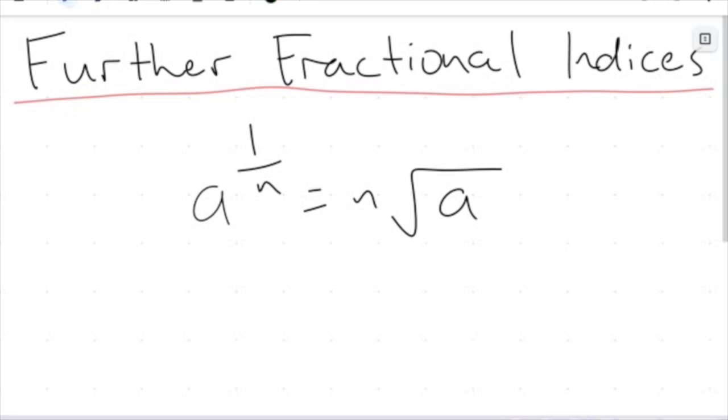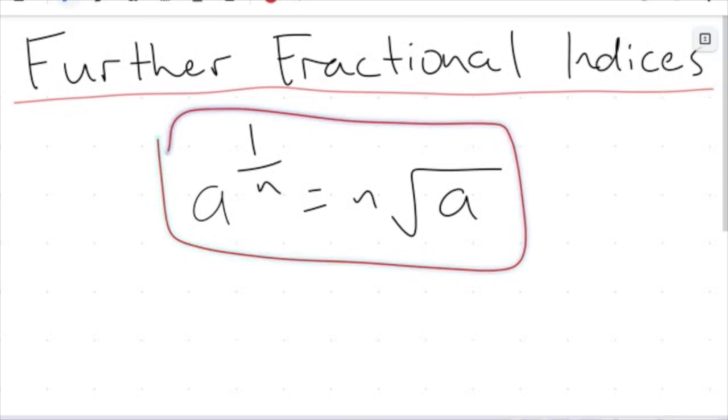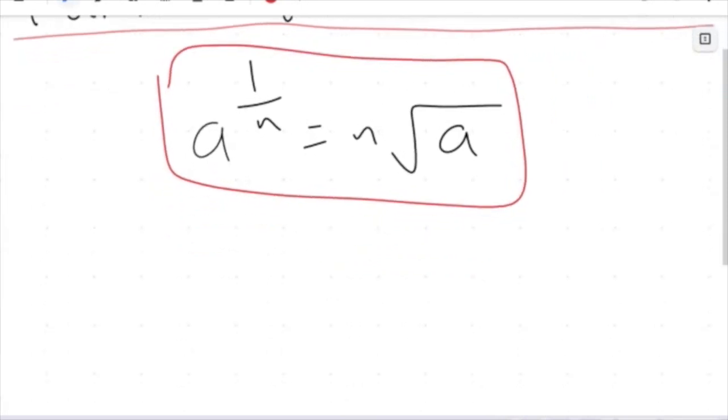We came up with this particular relationship here, that when we had fractional indices, and we always worked with a numerator of 1 with those questions, this gave us a particular relationship where the denominator ended up being whatever degree of root we had on the surd. So our fractional indices gave us a link between indices and surds.